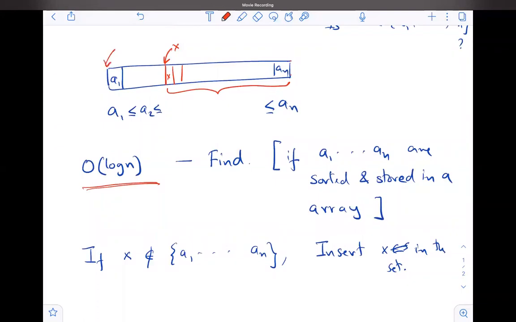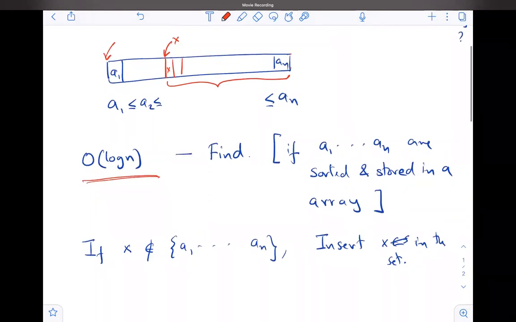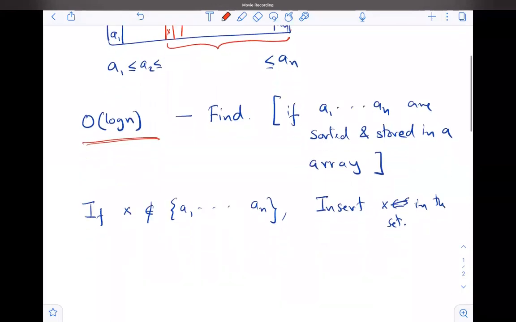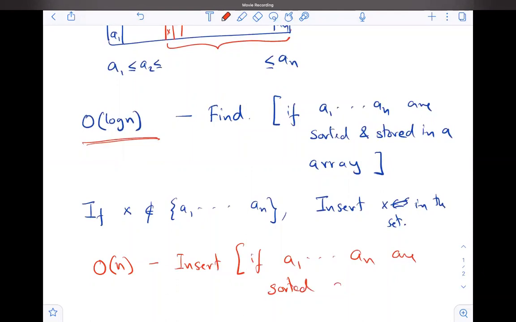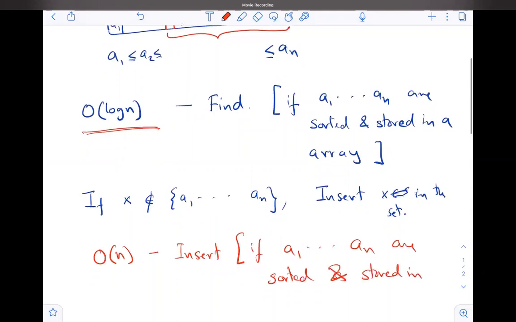Maybe X has to go here. In that case, every point has to be shifted by 1. So in the case of an array, this would take order n steps to insert. Again, this assumes that A1 to AN are sorted and stored in an array.